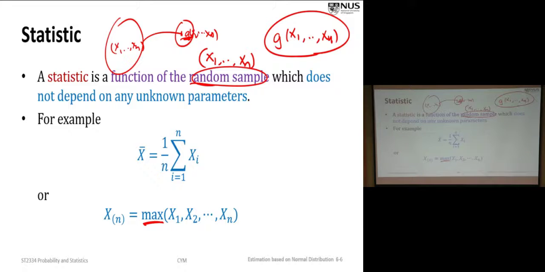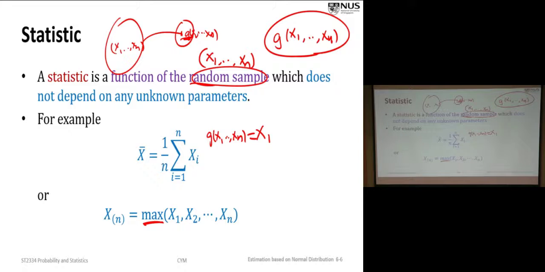Then this is also a function: I just take x1. That means the function I'm looking at is just the first random variable. That is also considered a statistic as well.